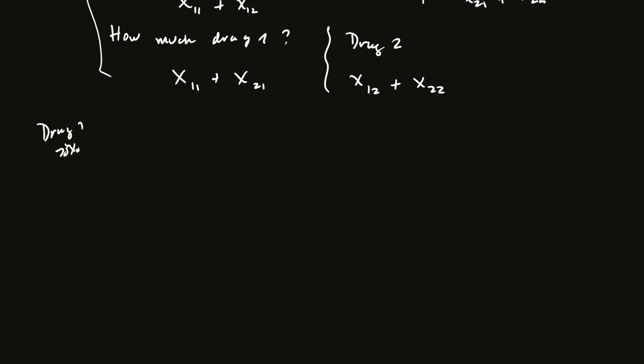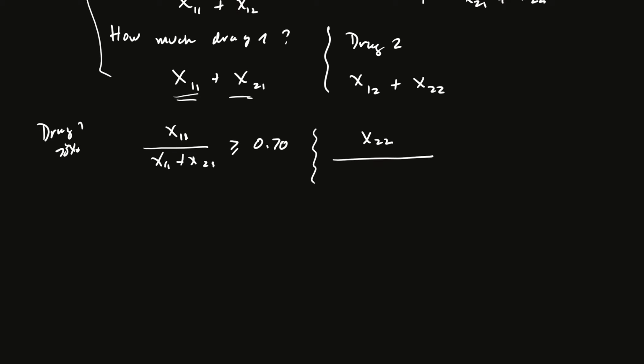Well, that would mean the chemical 1 in drug 1, which is X11, divided by everything in drug 1, which is X11 plus X21, and we want that to be greater than or equal to 70%. Similarly for drug 2, chemical 2 in drug 2, which is X22, we divide by the total amount of drug 2 that we have, and we want that to be greater than or equal to 60%.